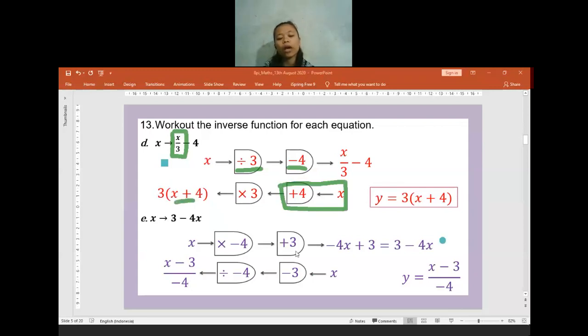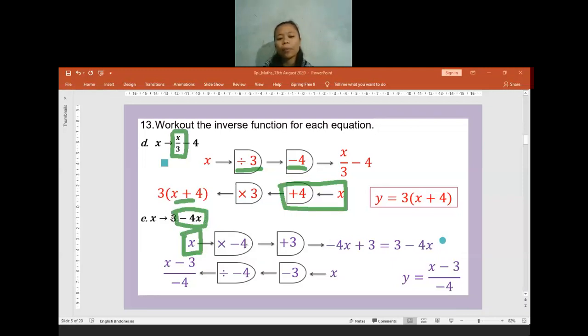For question E, we have 3 minus 4x. We focus on the things having x first, because the input is x. So from x into negative 4x, we need to multiply it by negative 4, so we write minus 4.